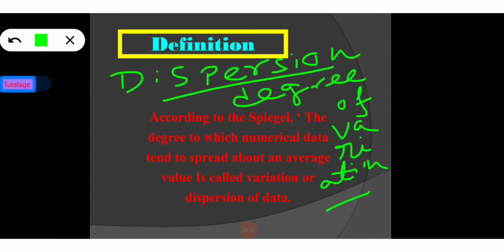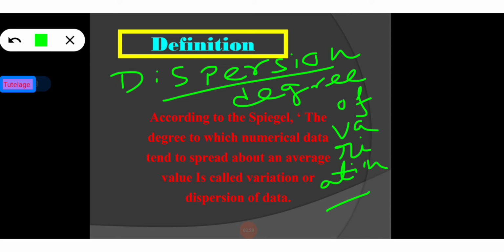Clear? In the data, obviously. So it relates to the spread or variation of the data. The extent to which the numerical data in any distribution differ among themselves is a measure of dispersion.